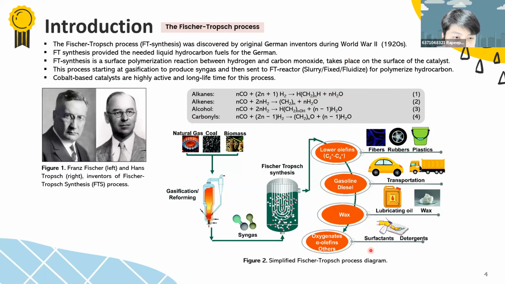Figure 2 represents a process diagram starting with gasification of natural gas, coal, or biomass to generate syngas, which is then sent to the Fischer-Tropsch reactor to polymerize hydrocarbons. Cobalt-based catalysts are mostly used in this process due to their high activity and long lifetime.